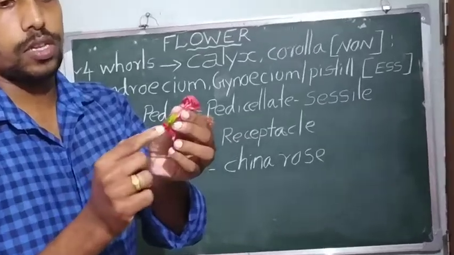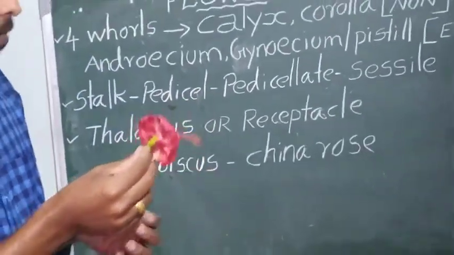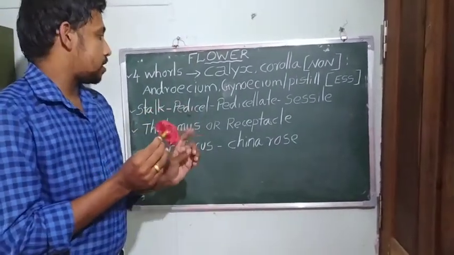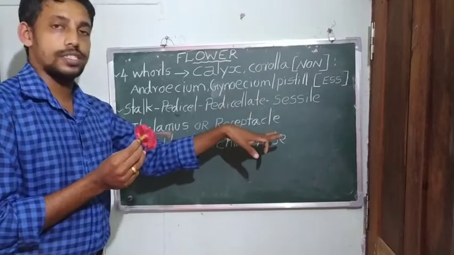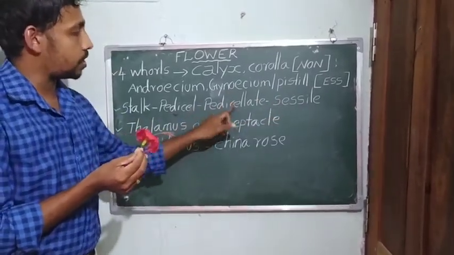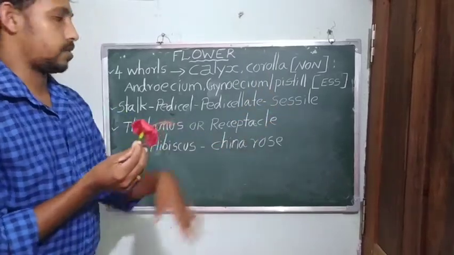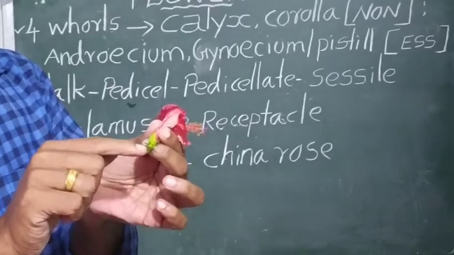A flower which has a pedicel is known as pedicellate. Flowers which lack a pedicel are known as sessile. So there are pedicellate flowers and sessile flowers. Here this is the pedicel.